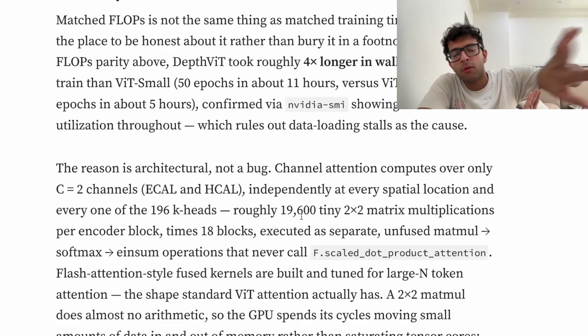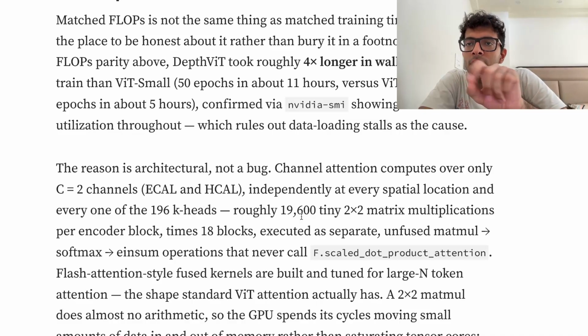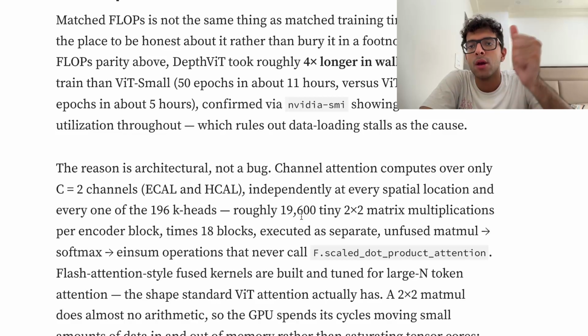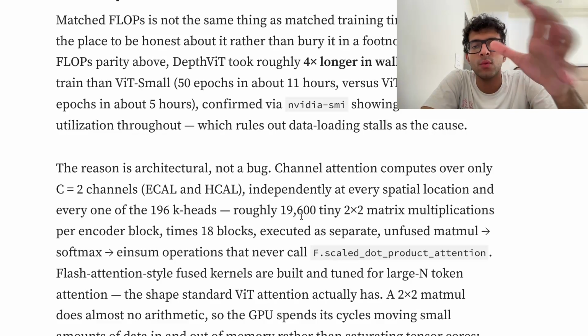So in a single forward pass, there will be around 300,000 calculations of those small 2 by 2 matrices. So even if the GPU is completely used up, most of the utilization is going towards opening up the memory, getting the answer, and then saving it. So we don't want that.